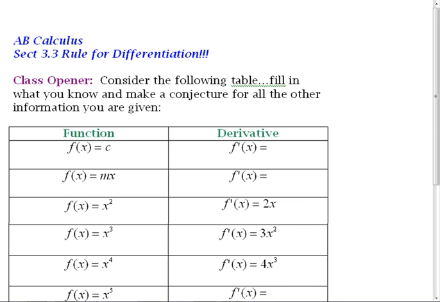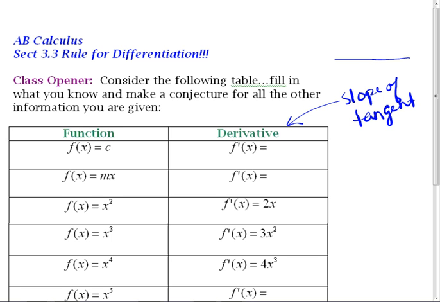Okay. This is the rules for derivatives, the shortcuts. If you have a constant function, then what's the derivative of that? Now, this is a horizontal line. What is the derivative? It is the slope of the tangent line.